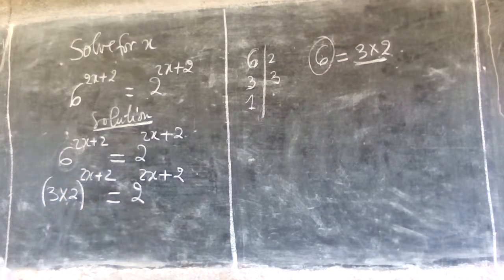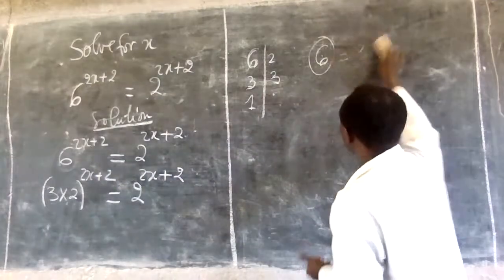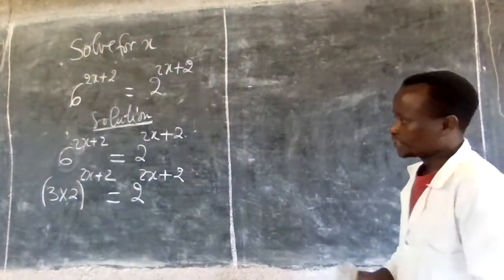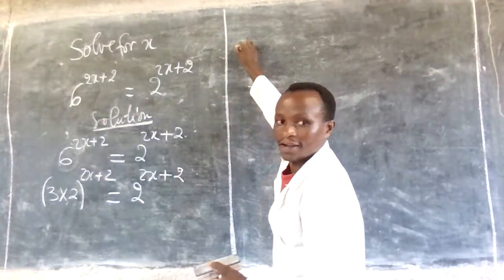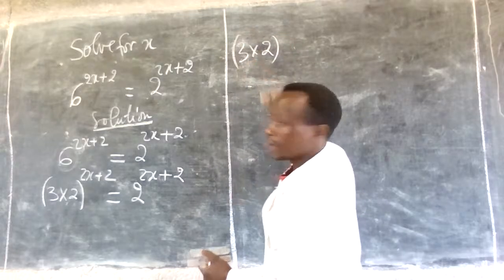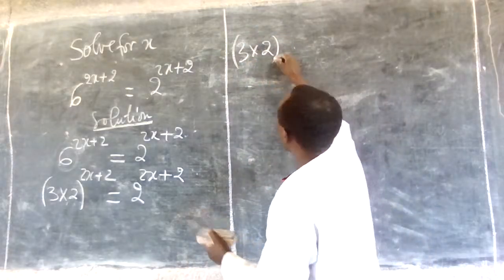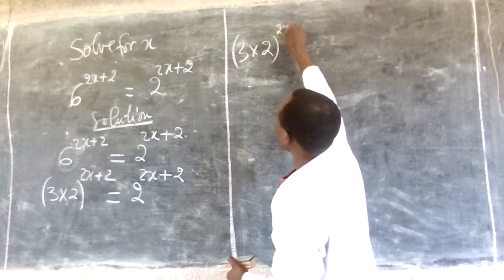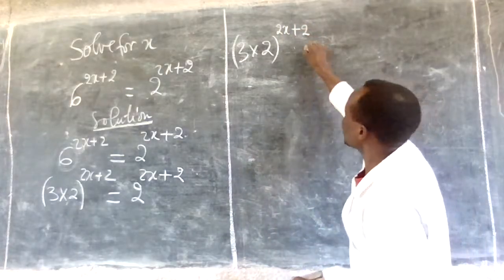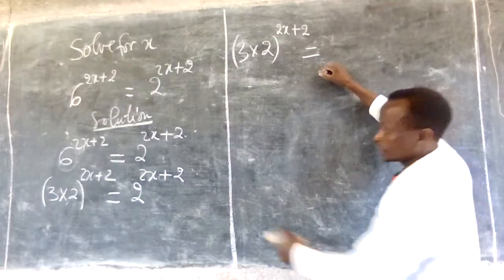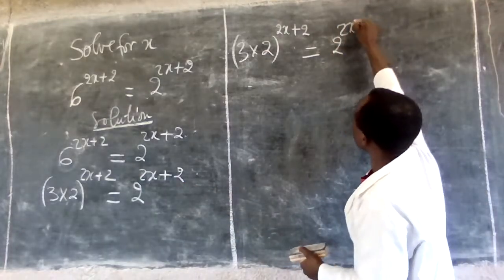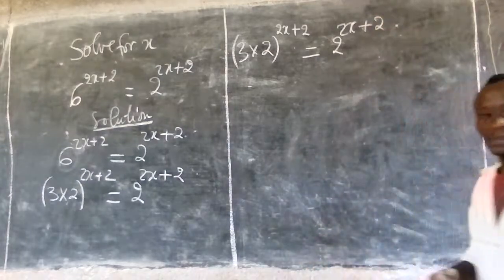Now, let's come to this part. We have here 3 times 2 power 2x plus 2, which is equal to this one, 2 power 2x plus 2.